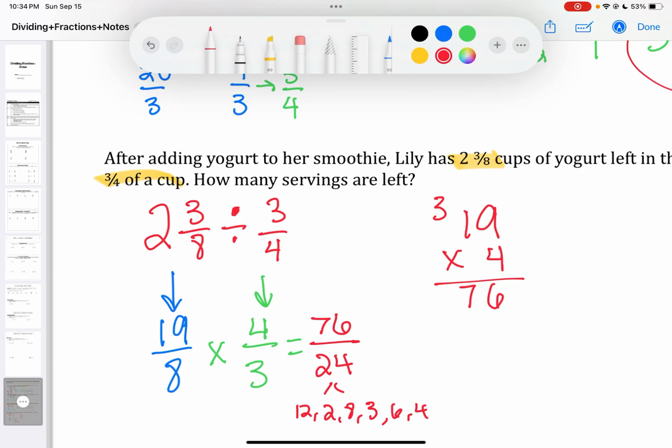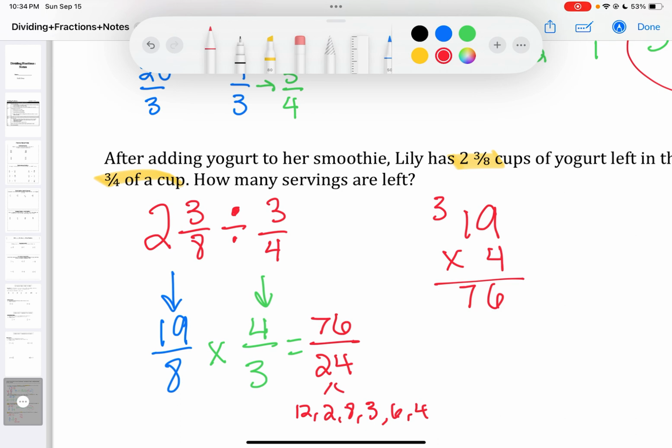I'm going to move from the biggest number down, because that will be easier in the long run. 76 divided by 8 is not a whole number. Now I'm going to move down to 76 divided by 6. Also not a whole number.